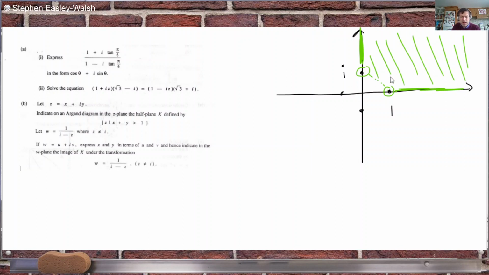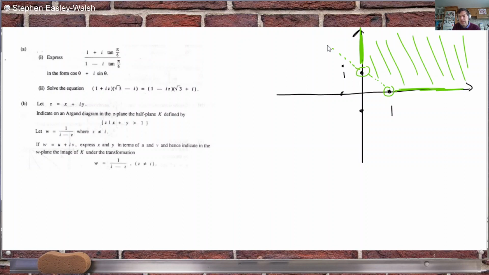That's certainly in the positive. What about in the negative? So like when x is minus 2, for example, y would have to be more than 3.